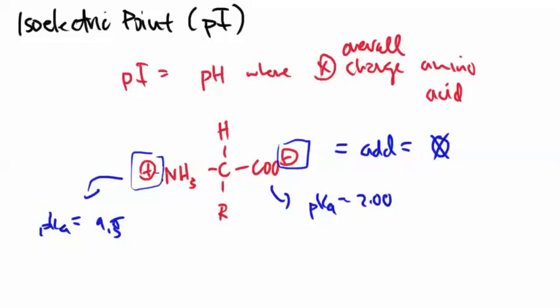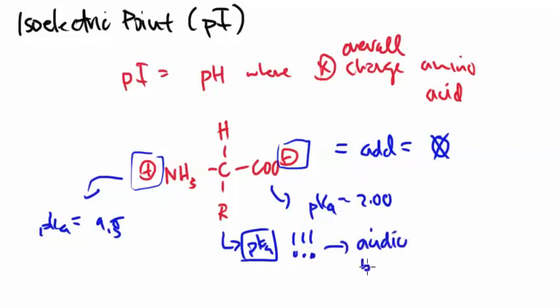Now, some of these amino acids have R groups that also have a pKa. Think about it: we went through some families of amino acids and said that some of these were acidic in nature and some were basic in nature, and that included the NH2 groups, the amines and the amides.